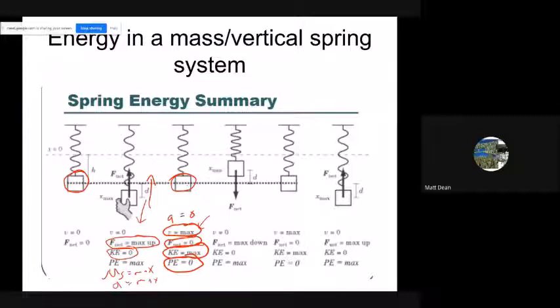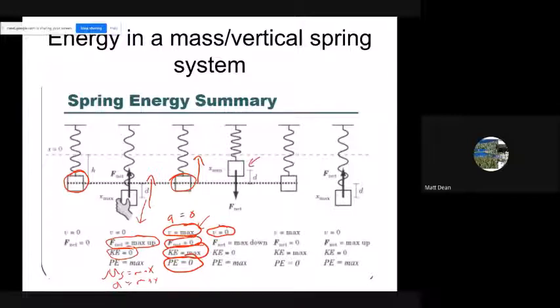But remember, the box doesn't stop there. It continues up because of its own inertia, and it compresses the spring. And it continues to compress until that box gets to a maximum displacement. At that point, it stops moving, so the velocity is 0.